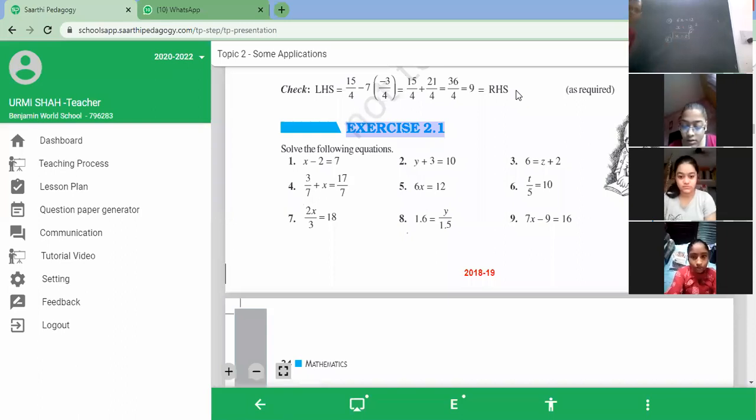Now 6 number. t upon 5 is equal to 10. Ma'am, 5 will go into multiplication. Yes. t is equal to 10 into 5.